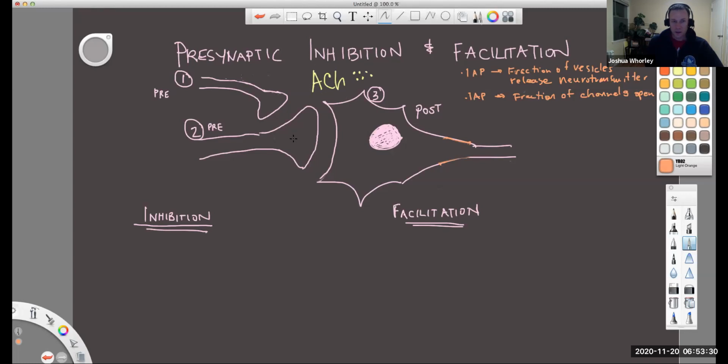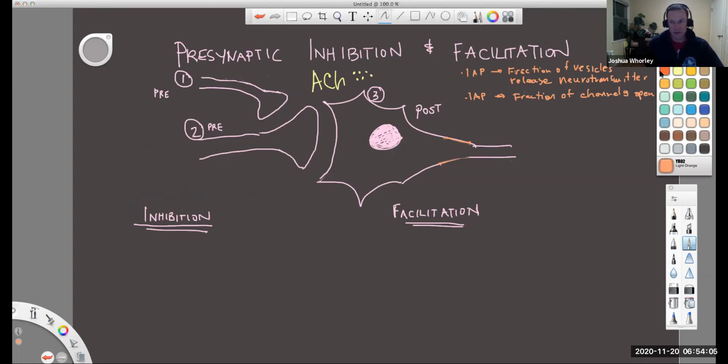Okay. So in terms of how these can work together to either inhibit or facilitate transduction of an action potential in a downstream or postsynaptic cell, let's just use this single neurotransmitter, ACh. Imagine an action potential arrives in cell number 1, and we'll think first about how this cell might inhibit an action potential in this postsynaptic cell. So cell number 1 fires an action potential.